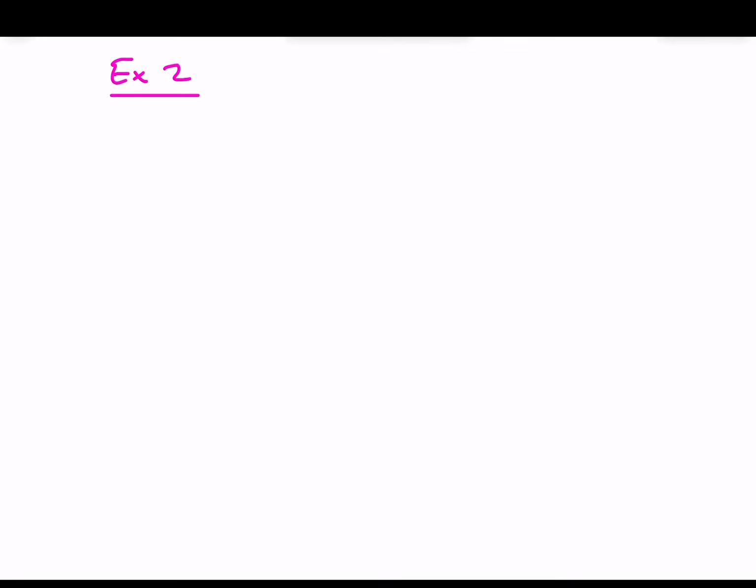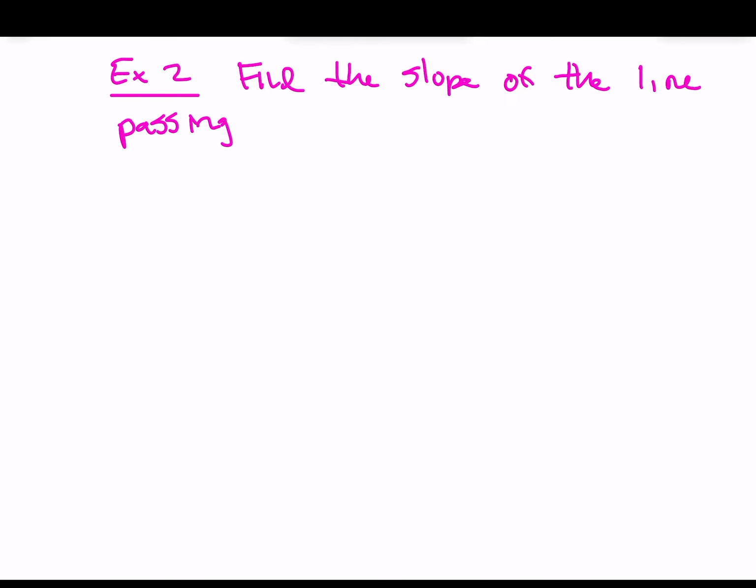Example 2. We want to find the slope of the line passing through 6, 5 and 2, 5.